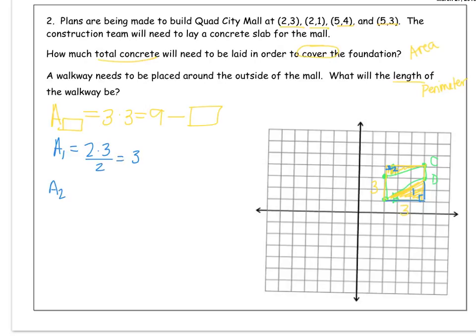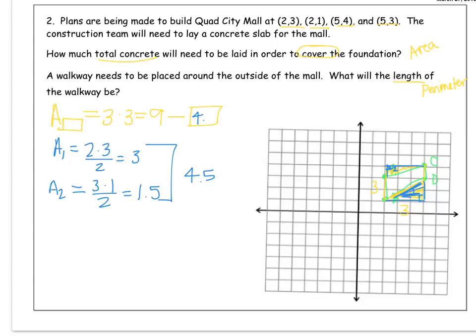And then the area of part 2. So I know I'm subtracting out 3 units just from this piece. And then the area of part 2 is going to be 3 times 1 divided by 2, and I get 1.5. So what's being subtracted out is 4.5.